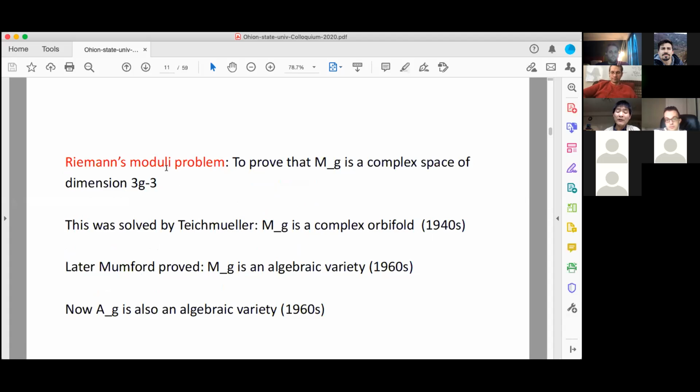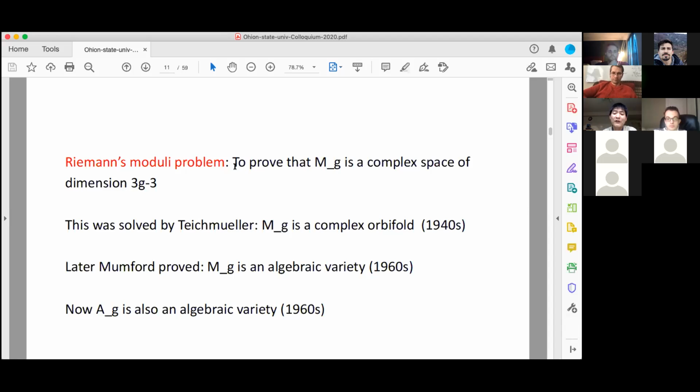Now, before that, let me mention Riemann's moduli problem. Riemann probably assumed M_g is a complex space of dimension 3g minus 3. This becomes Riemann's moduli problem. This was first solved by Teichmüller in the 1940s: M_g is a complex orbifold.